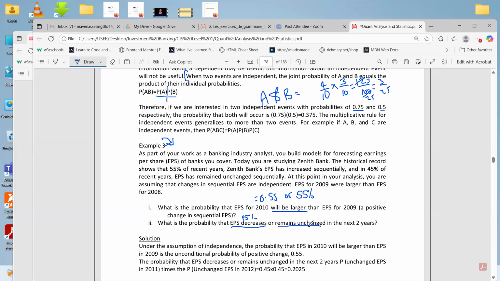What's the probability of EPS remaining unchanged? 45%. All right. In the next 2 years. Now, go back. So what do we do at this point? Anybody?